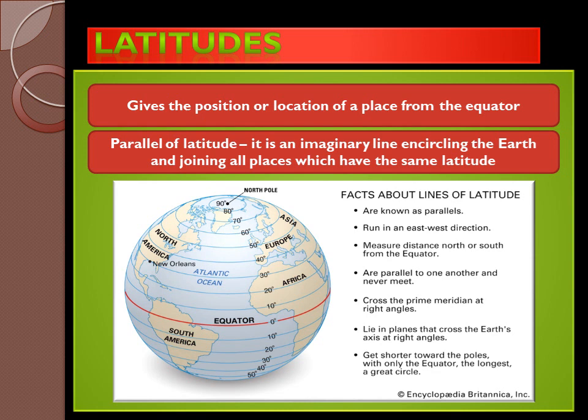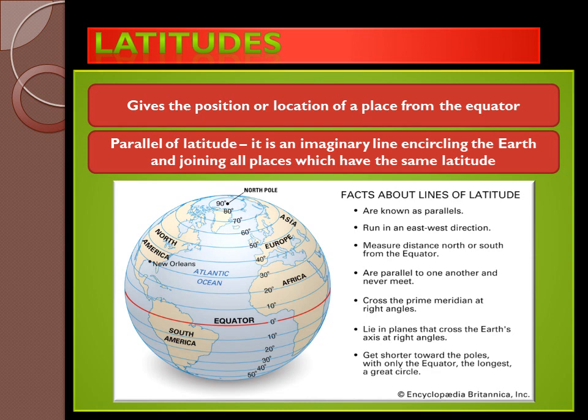Now we can see some of the facts about the line of latitude. So latitudes are known as parallels. As they run parallel, they run in an east-west direction, measure distance north or south from the equator.